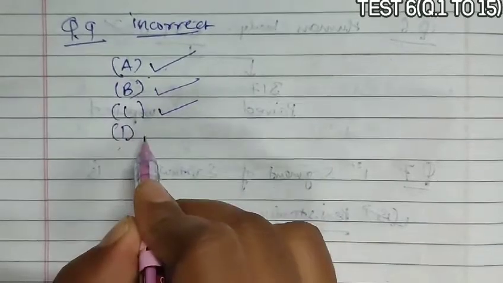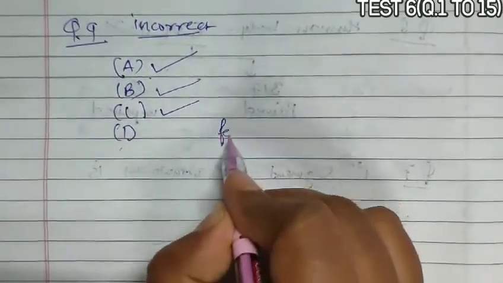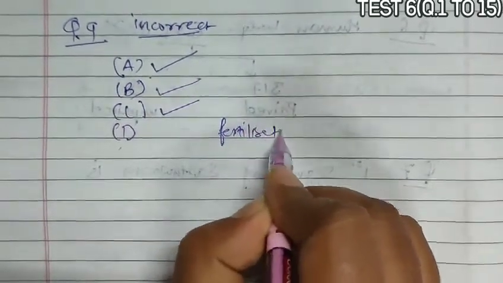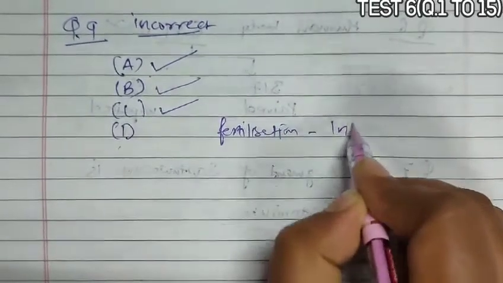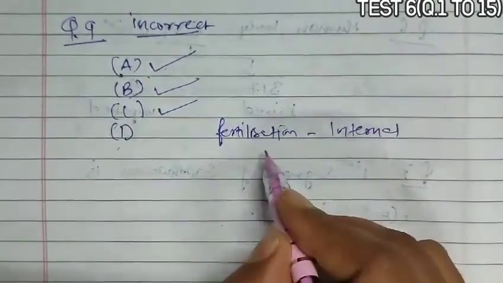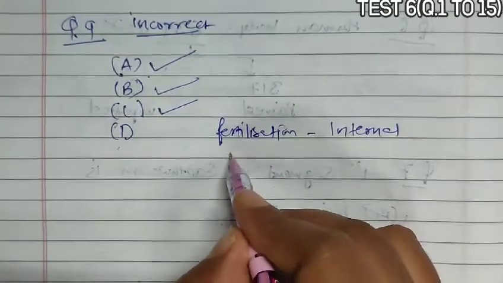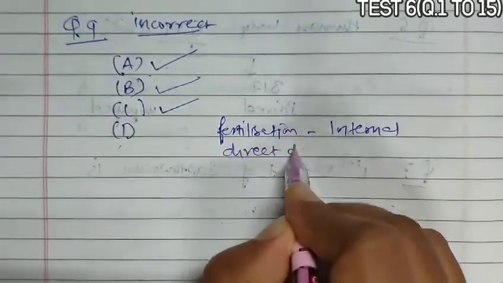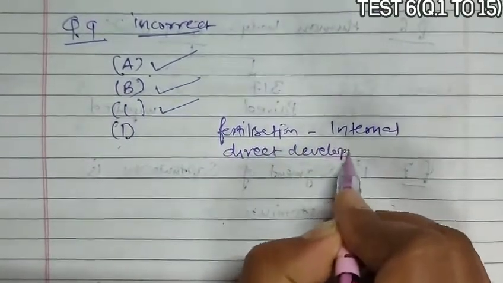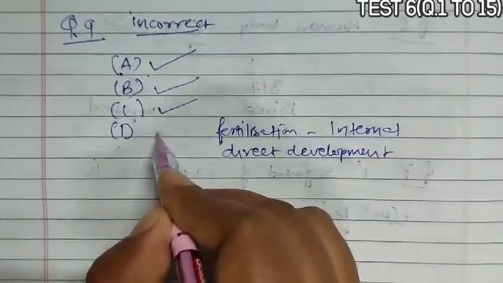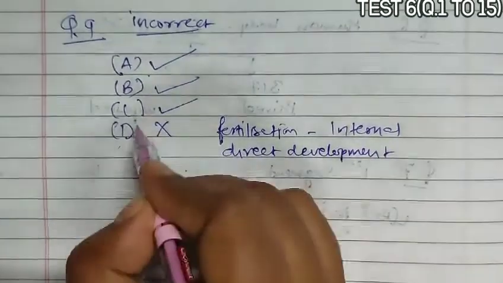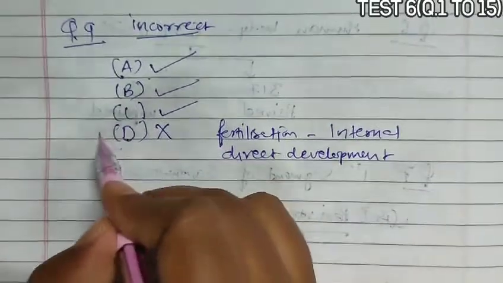And option D is given that in a cockroach fertilization is internal and development is direct, and they have a direct development. So this is the incorrect statement. Okay, so option D is the correct answer of this.